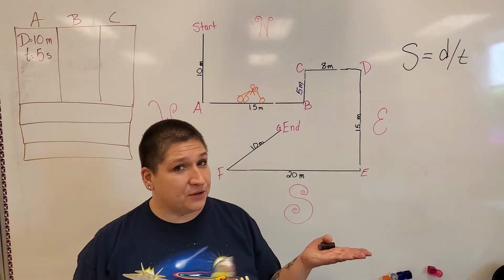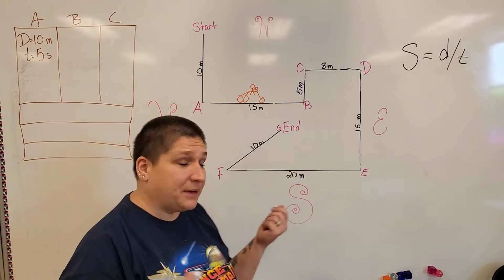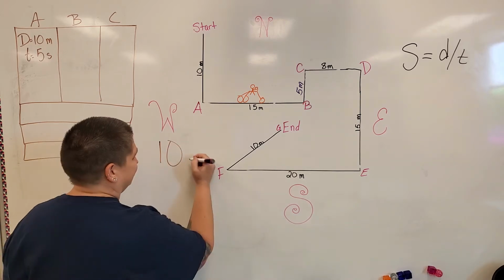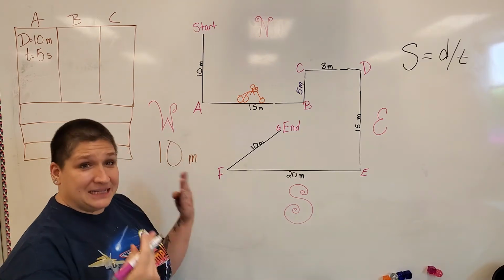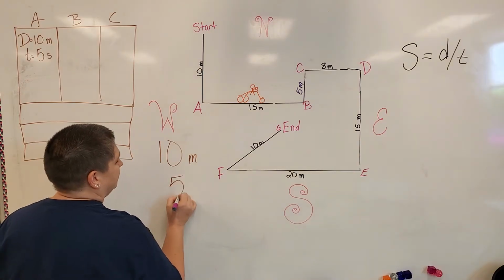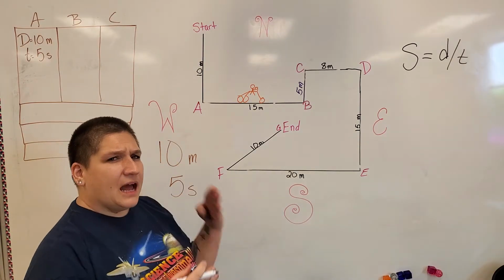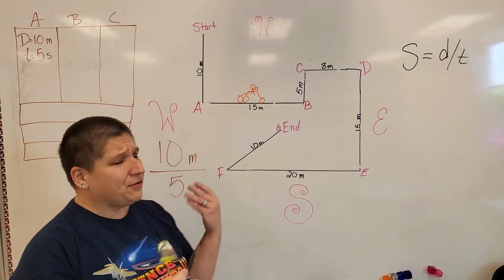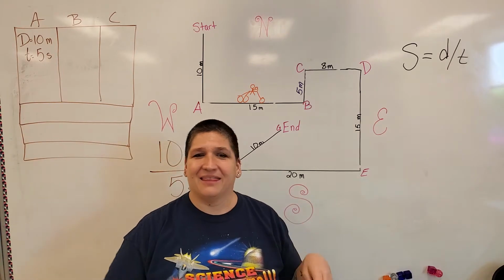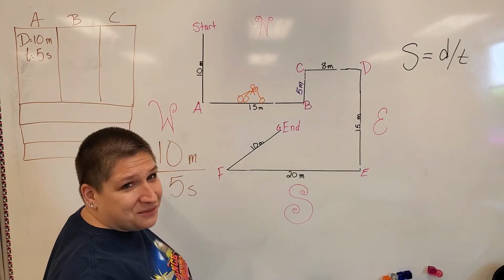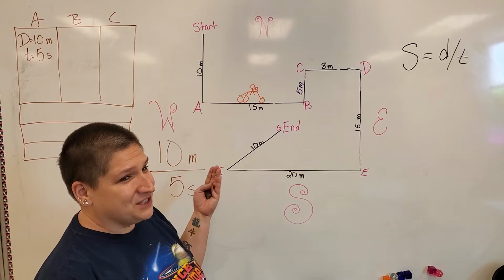Now, how do I compute my speed? Well, I'm going to take my distance, 10 meters, and my time, I'm going to put underneath it. My time is 5 seconds, and I'm going to divide it. I'm going to give it a dividing sign. Now remember, when you look at that dividing sign in math, all it's saying to do is divide, right? This is not a fraction per se, it's a division problem.